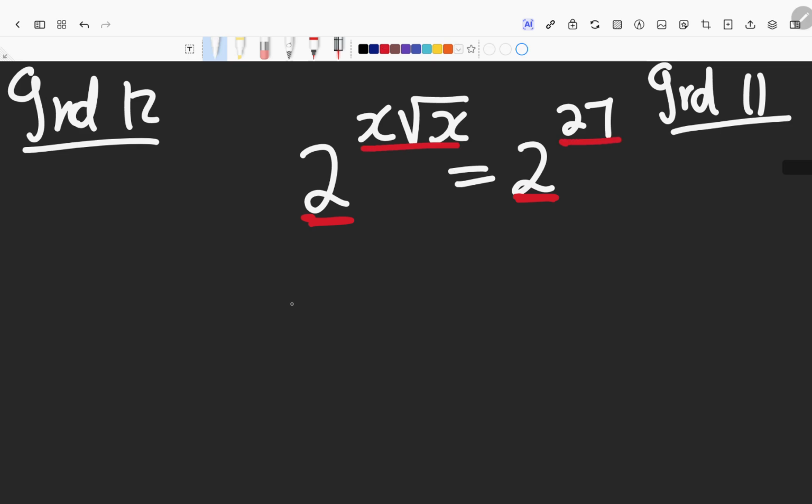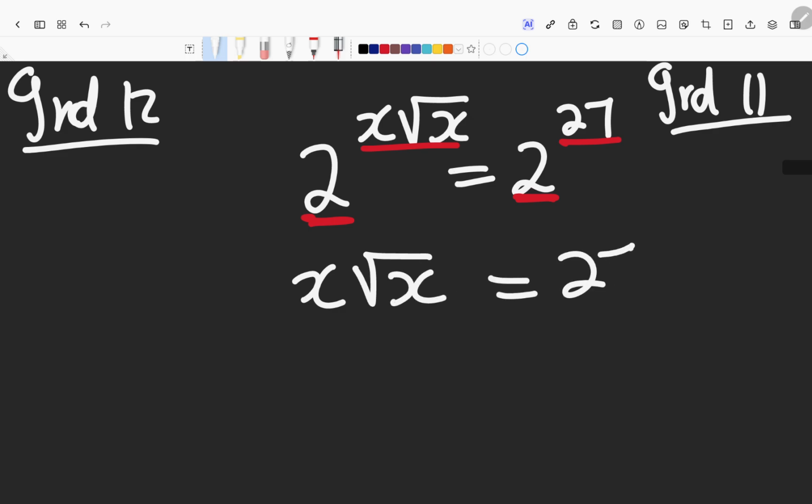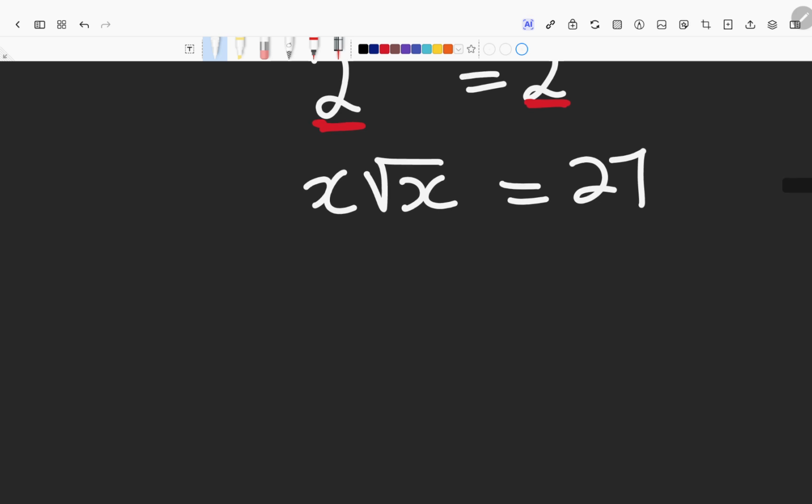It's going to be x root x equals 27. Here you can use many different methods, like dividing by x on both sides, but the one that I'm going to do is take the root of x and make it a base and an exponent, making it a power basically.